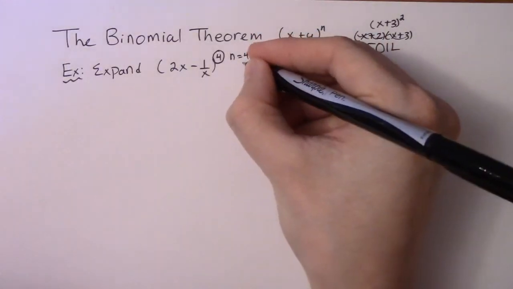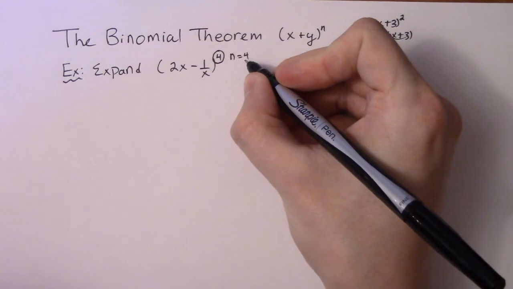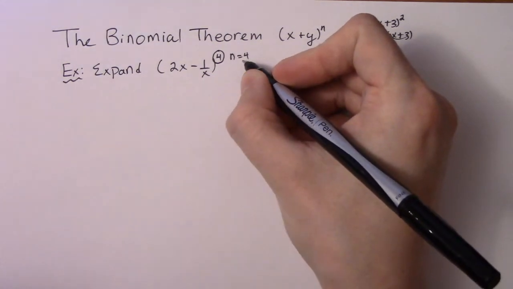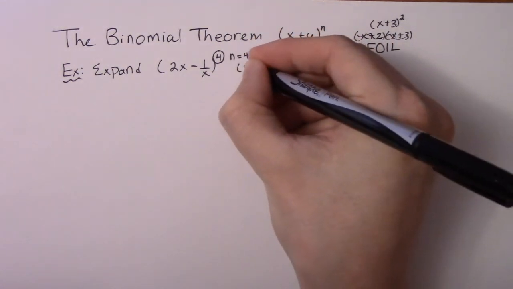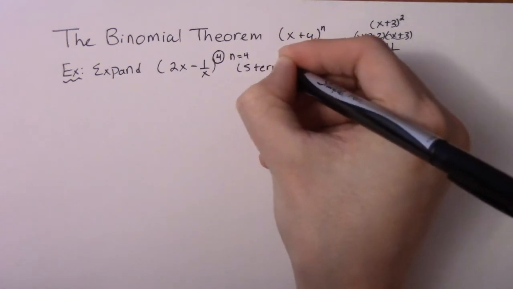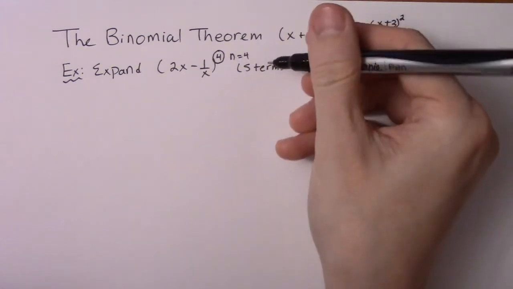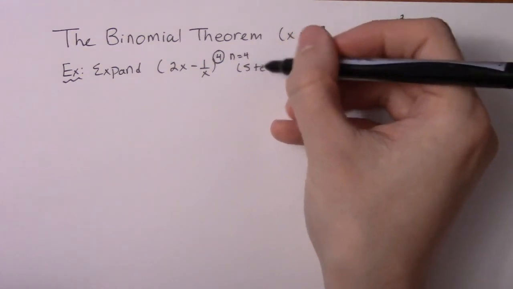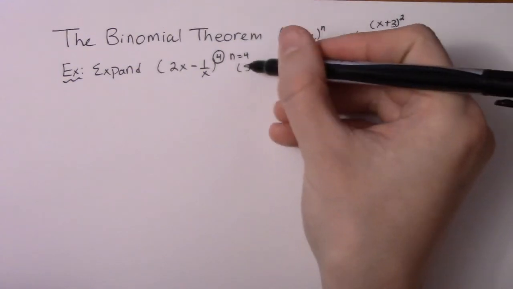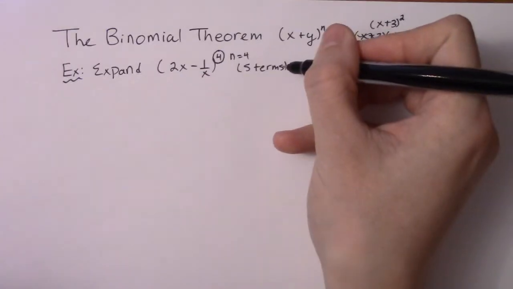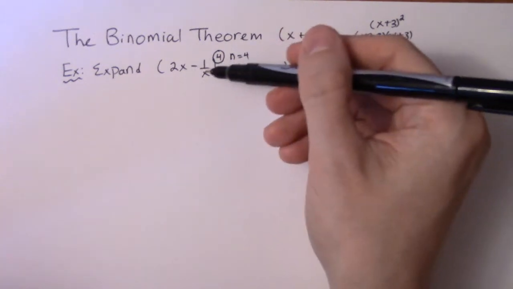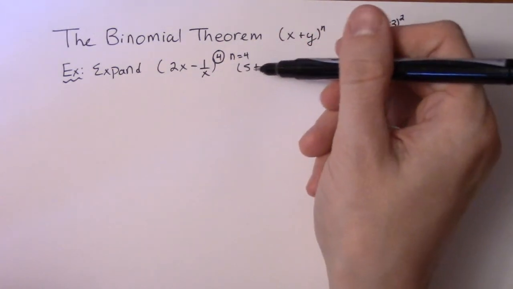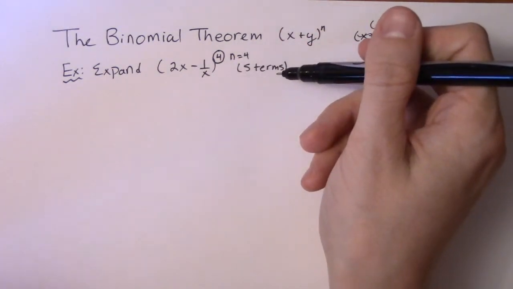That is the same n that we'll use in our combination formula, and that tells us that there are 5 terms in my initial expanded binomial. It might simplify after because we got some x's and things like that, we might cancel, but initially there are 5 terms.